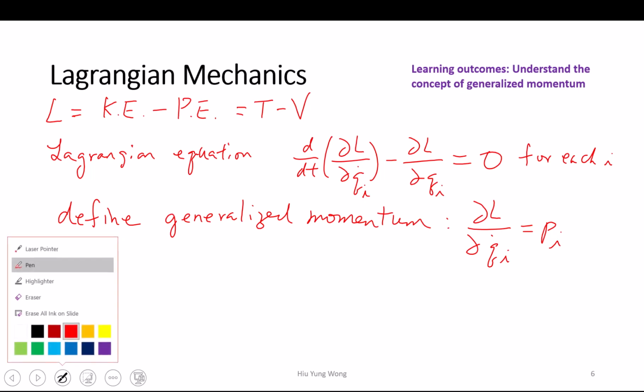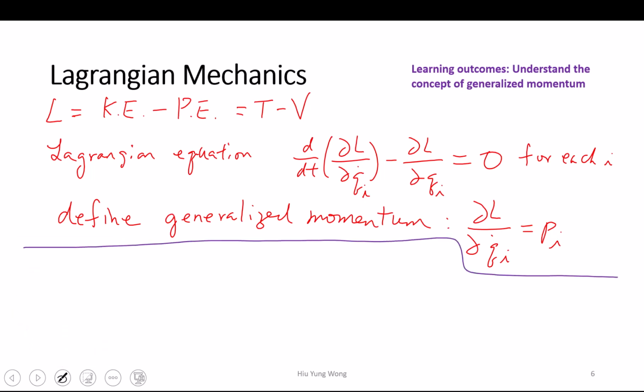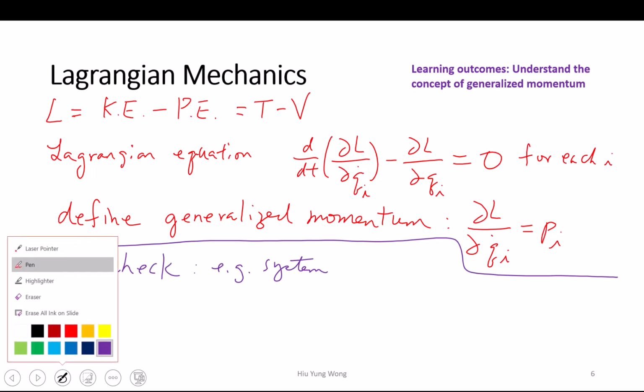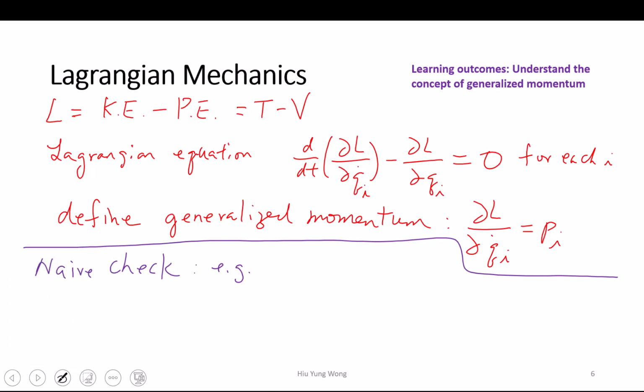Now, let's quickly do a naive check to see if this makes sense. For example, I have a system, or let me just call it a particle, at position q with velocity q dot.